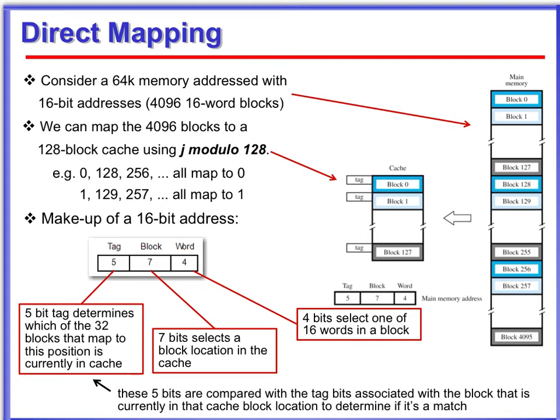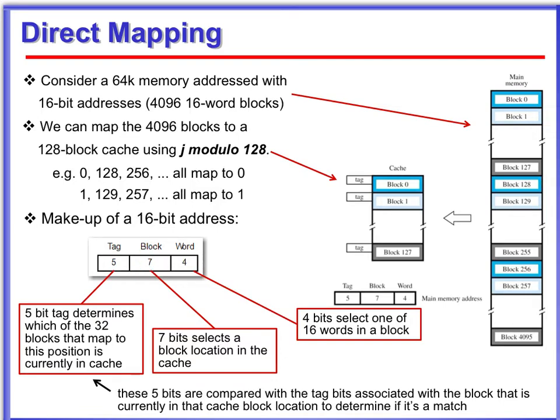So if this particular block is currently residing in this position here in the cache, and we need a particular word in this block in our program, then the address for that word, these 4 bits will tell us which of the 16 words in this block we're looking for.